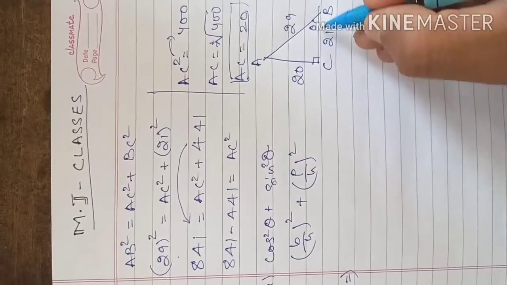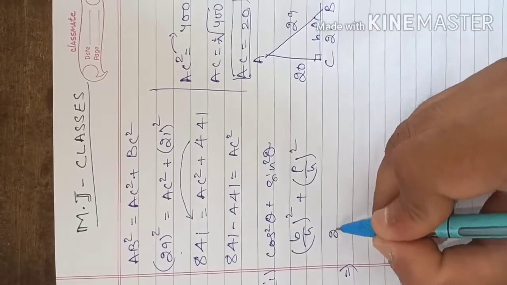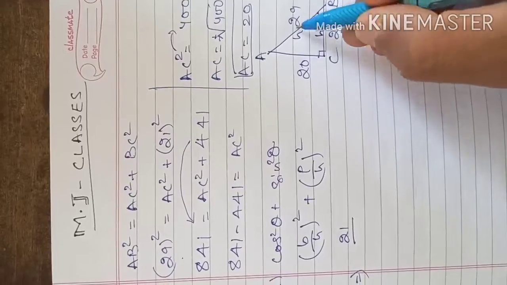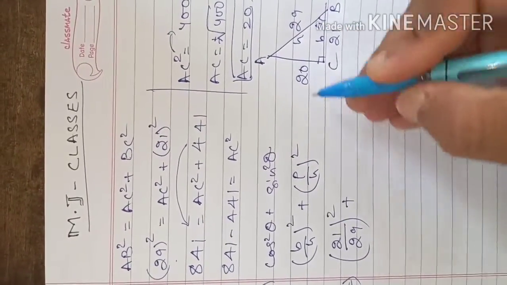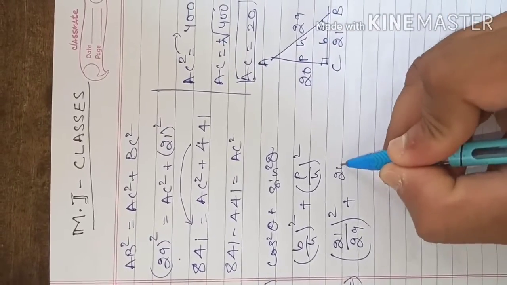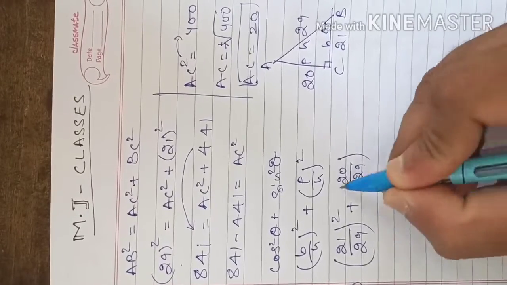B is the base, which is 21, so 21 divided by H, the side opposite the 90 degree angle, that is 29, whole square, plus P is AC, the perpendicular, 20 divided by H, again 29.